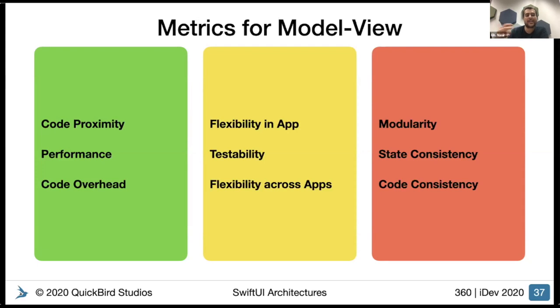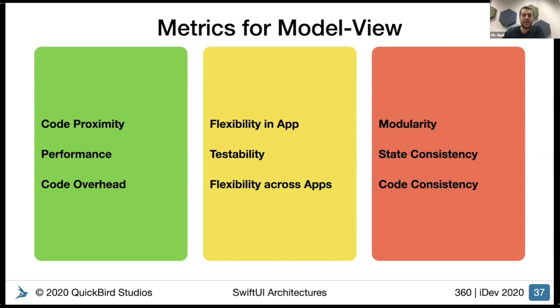However, if you rely on some model services that you then need to push through like four different views, or rely on an environment object being set, then the flexibility inside the app starts to crumble a little bit.